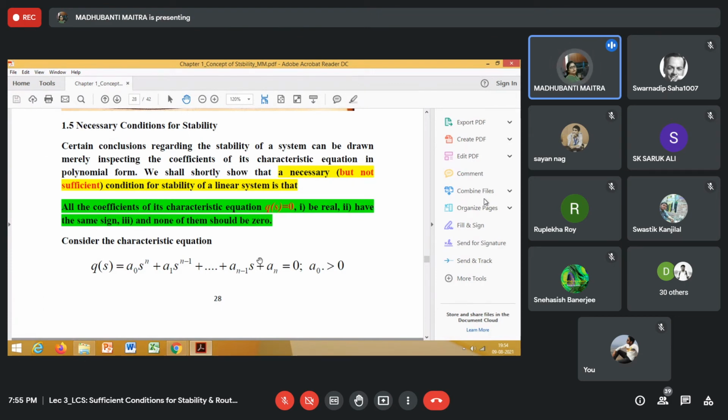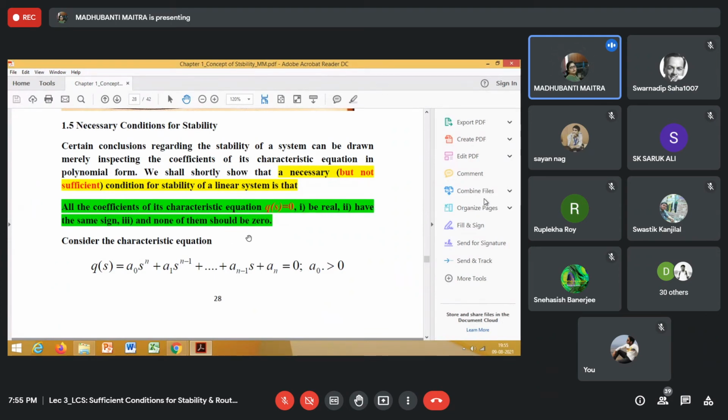And the third part is none of the coefficients should be 0. That means all these n plus 1 coefficients should be present. That means a1 can't be 0, or an minus 1 can't be 0. So these are the necessary conditions.